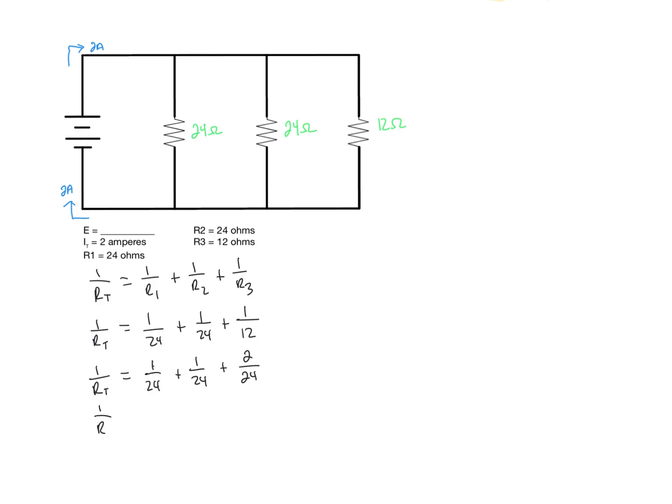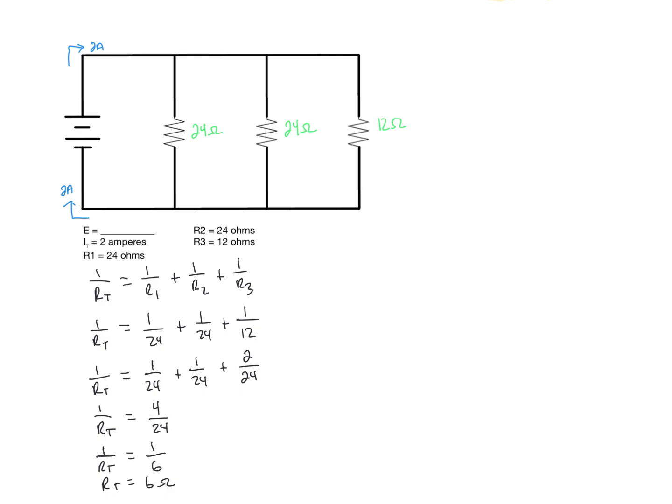So then 1 over RT is equal to what? 4 over 24, which makes this 1 over 6. And then, of course, the reciprocal of that is 6 ohms. So that's our total resistance.